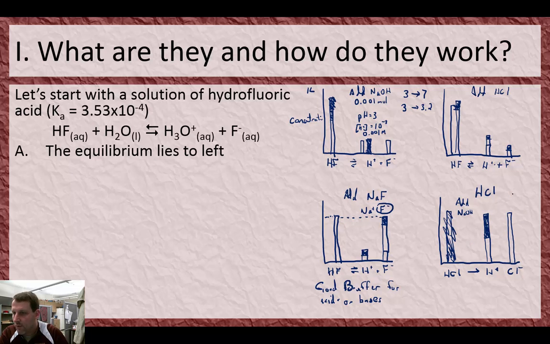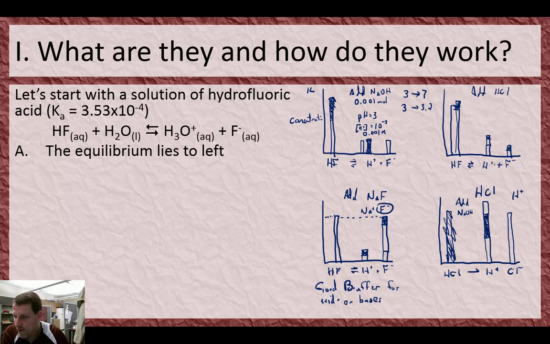Now you might say, oh, but what if we add H+ to it? So we add some acid and we suddenly jump this up way up here like this. You might think, oh, but look at all the Cl- that can bind on to run the reaction backwards, using up some of that H+. The problem is Cl- is an extraordinarily weak base because HCl is a really strong acid.